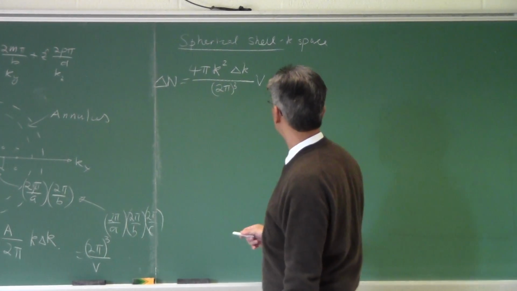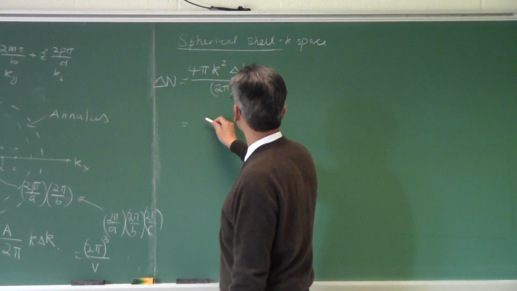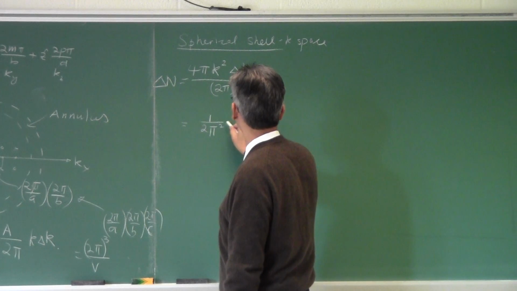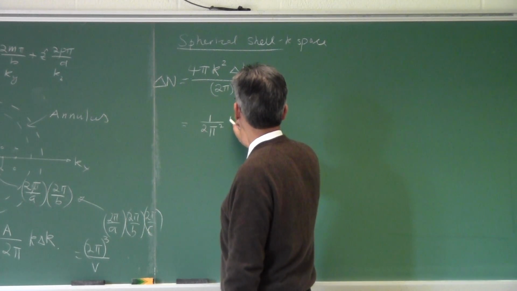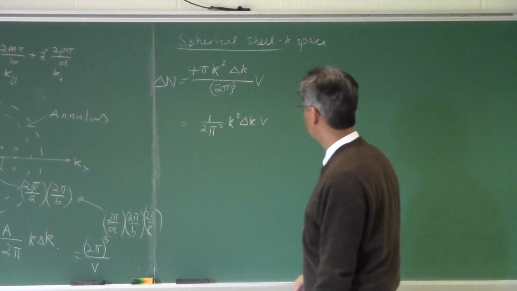This number turns out to be k squared delta k over 2 pi squared, times V.